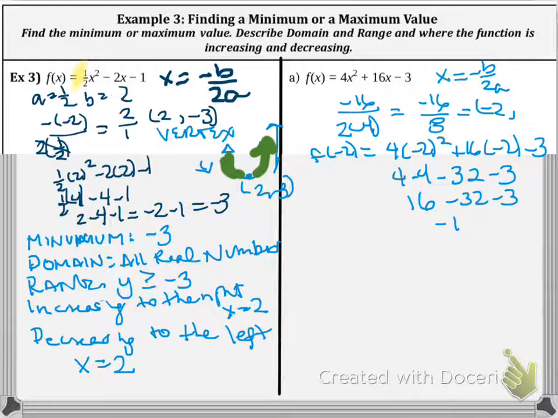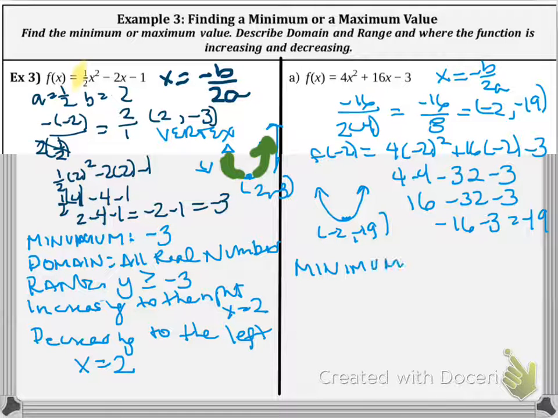This is negative 16 minus 3, or negative 19. So our vertex is at negative 2, negative 19. And this is still pointing up here. So my minimum, it's a minimum point, so the minimum is negative 19.